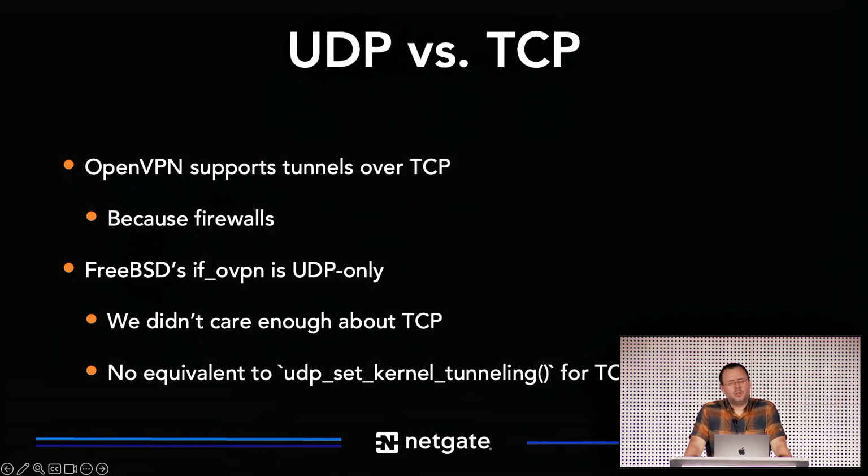The OpenVPN people who implemented the Linux driver for this did add TCP support. I spoke to this person at an OpenVPN hackathon event, and they said that if they had known going into this how much of a pain it was going to be, they might not have done it at all.